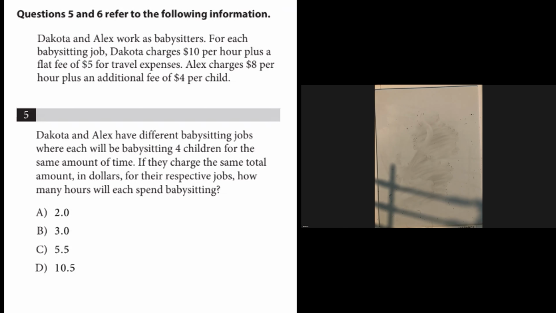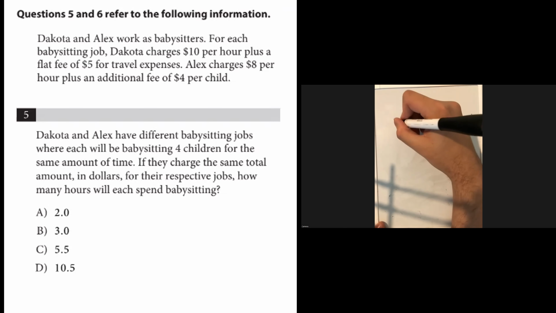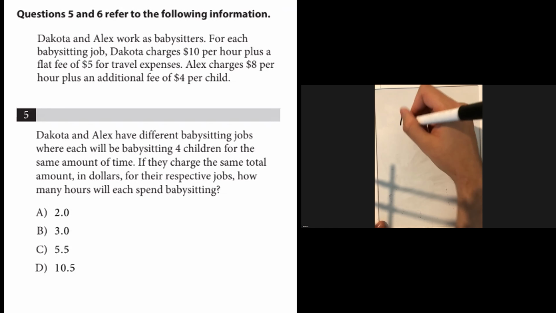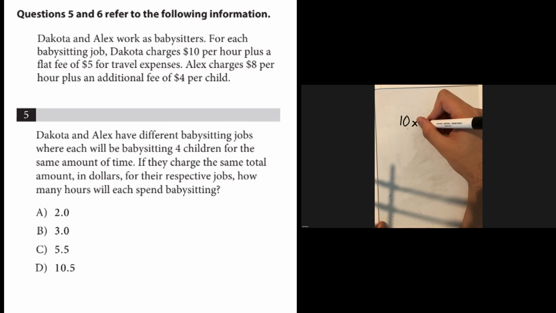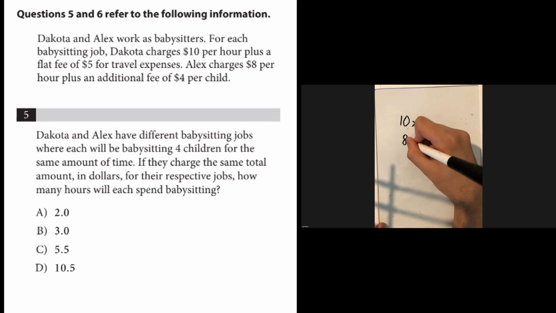All right, so for this one, we're given 2 people and we're told that person 1 charges $10 per hour. So I'm going to make hours x, plus a flat fee of $5. So 10x plus 5. And then person 2 charges $8 an hour, so 8x plus an additional fee of $4 per child.